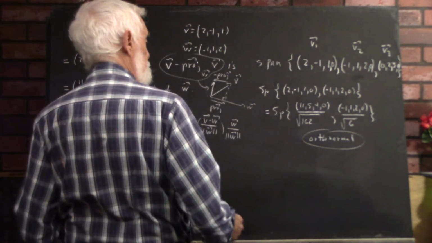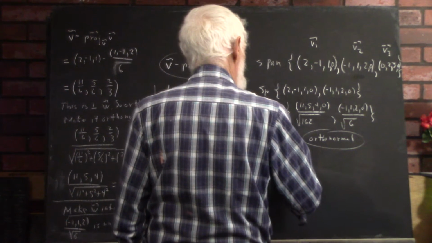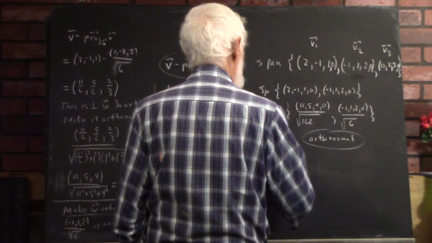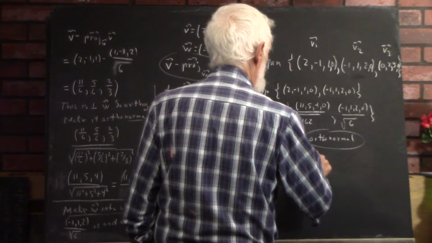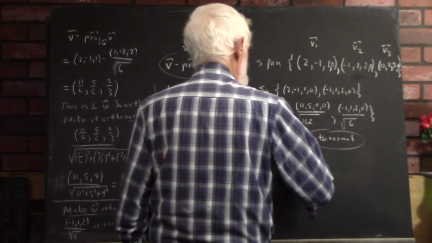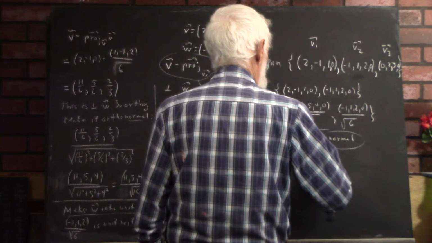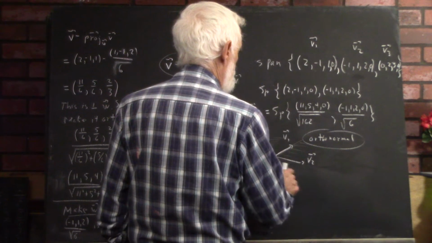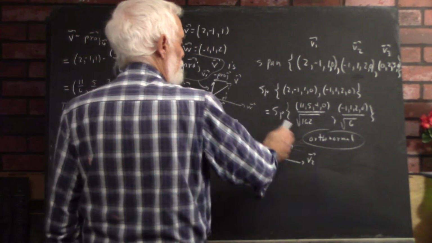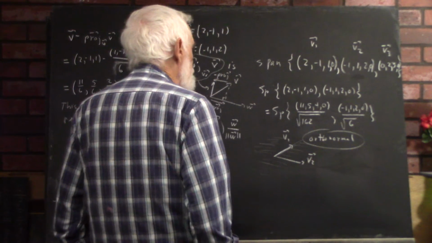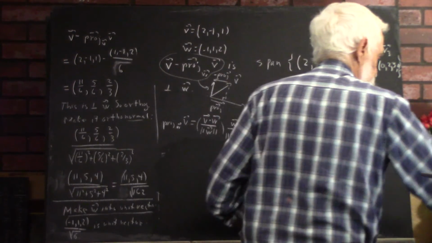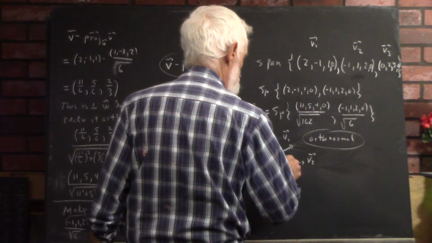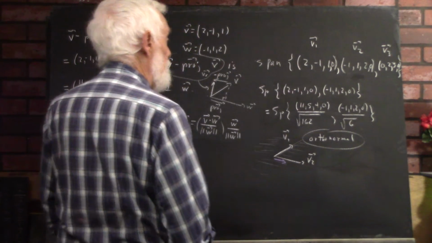So, we can visualize the vectors v1 and v2 forming something that we think of as like a plane. And of course the plane extends over here and out here. So there's a plane of v1 and v2. We've got our orthonormal set. And let's give these names.